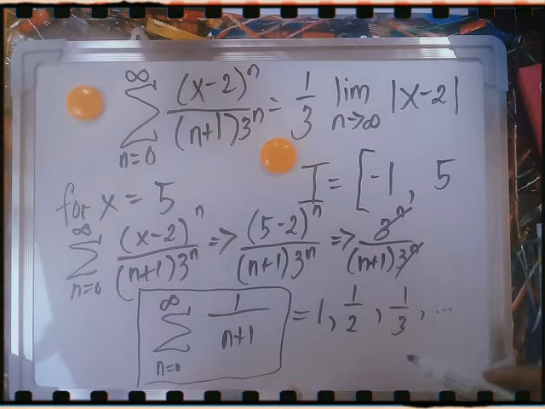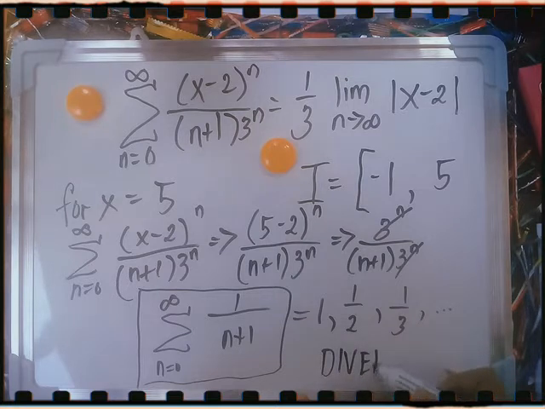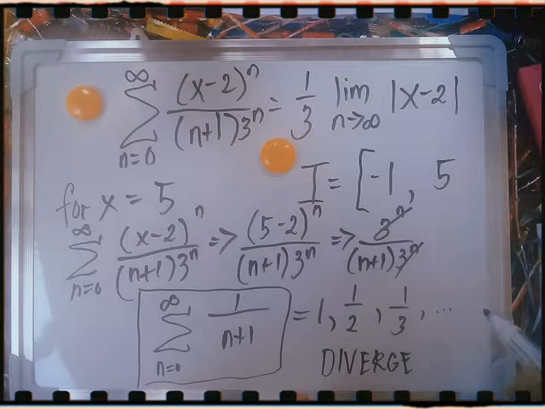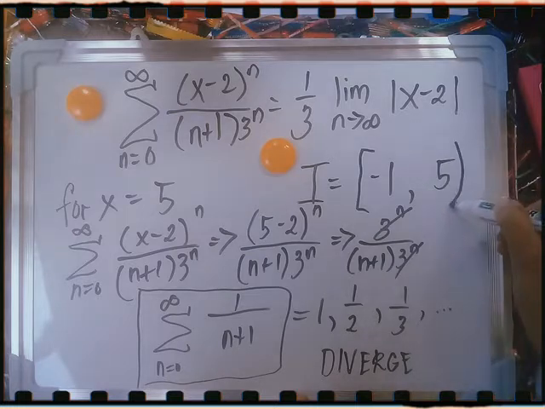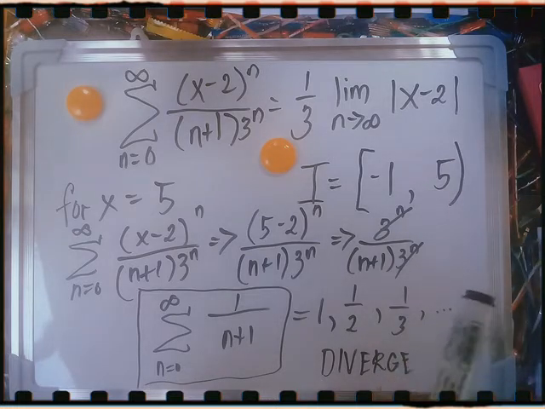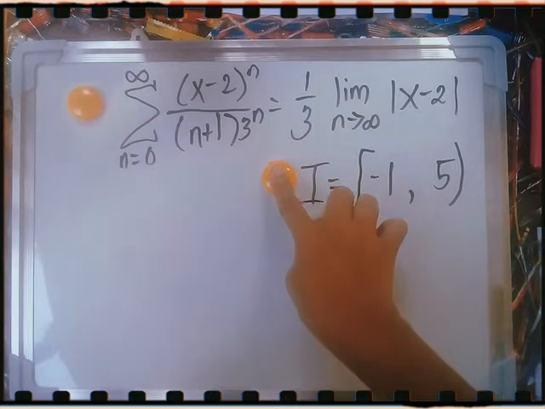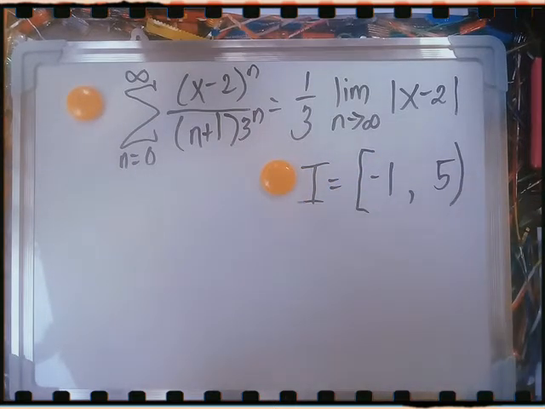So this series diverge. Again, if it diverge, this will have a parenthesis. We identified the interval of convergence. And if the value of x is equal to negative 1, the series converge. If we have x is equal to 5, the series diverge.